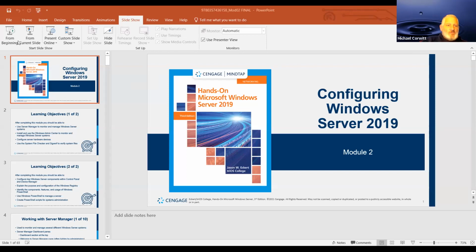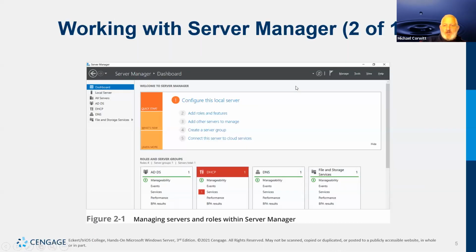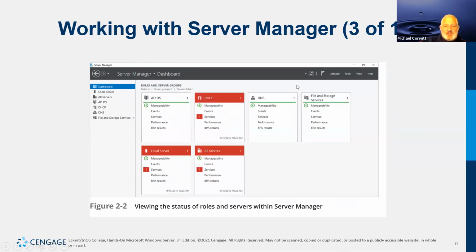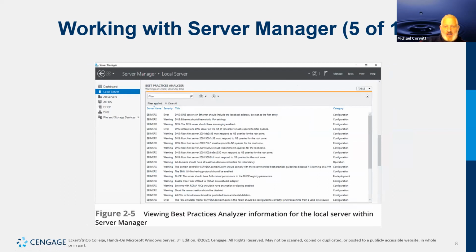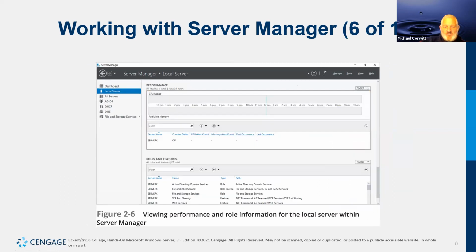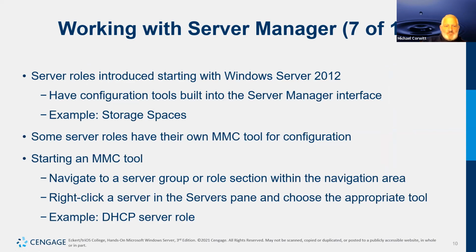All right, where am I? From current slide. So in here they have quite a few different things. They have DNS, file storage, DHCP, and this is our events, your Best Practices Analyzer, your performance, so everything we just showed you.